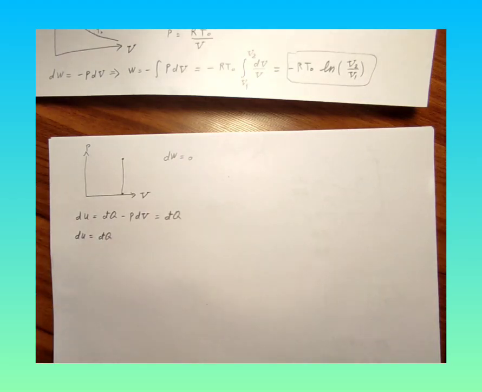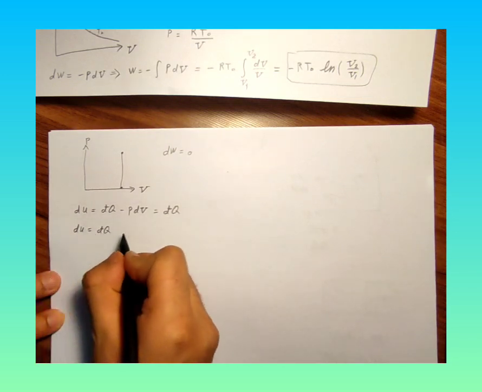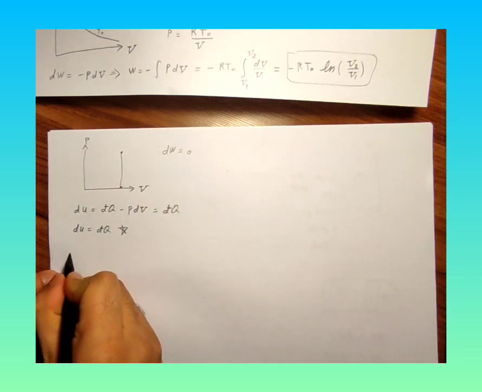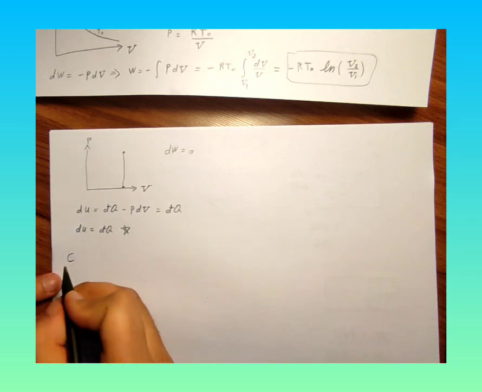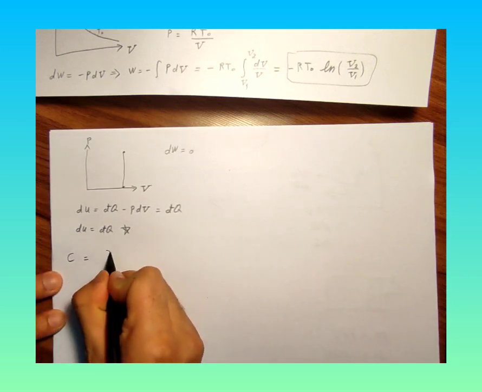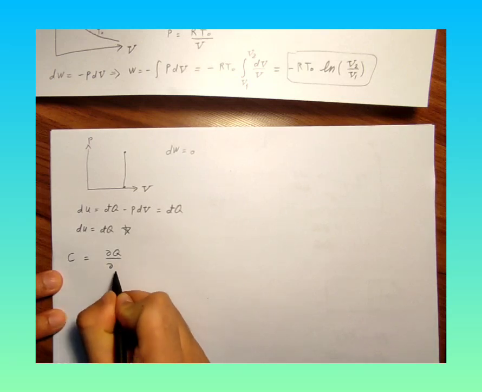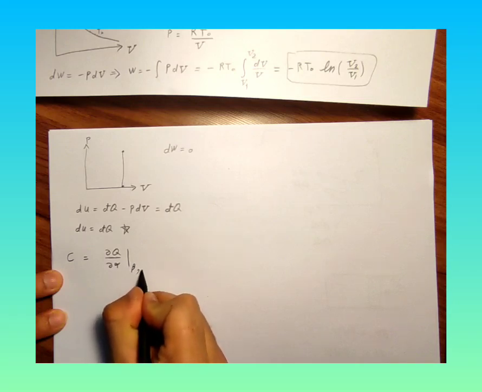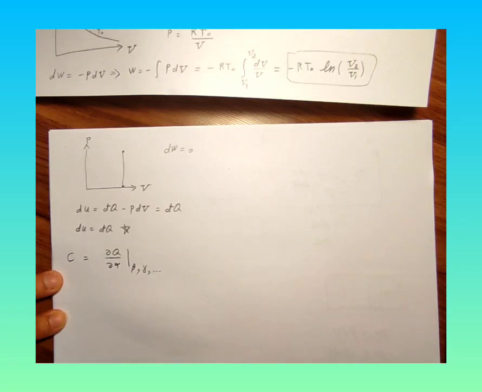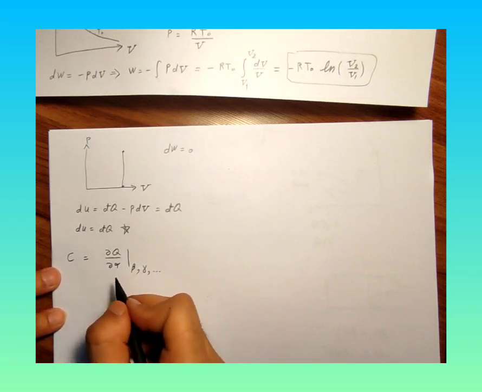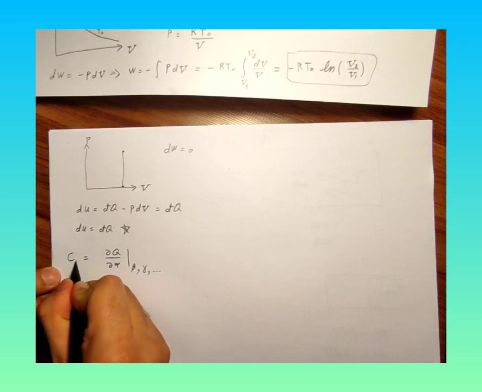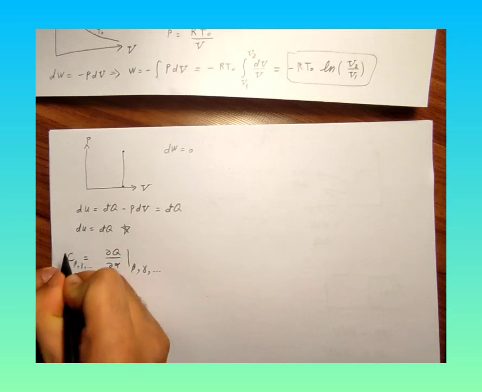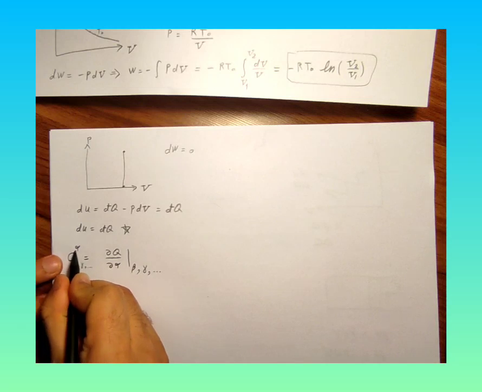because first let me define heat capacity. Heat capacity is simply defined as ∂Q divided by ∂α. Alpha is a quantity, and beta, gamma, and other quantities are constant with respect to alpha.